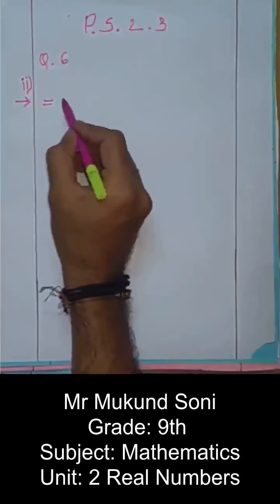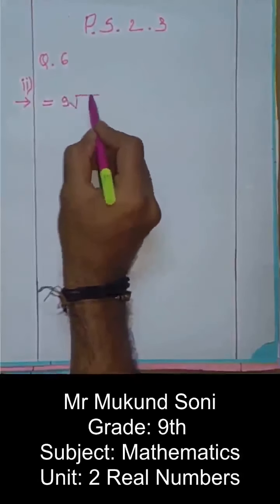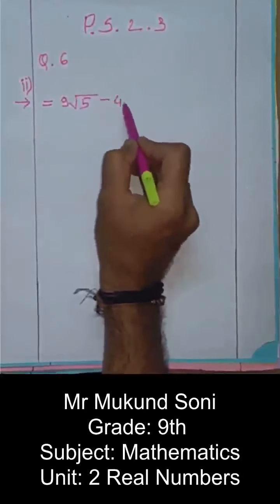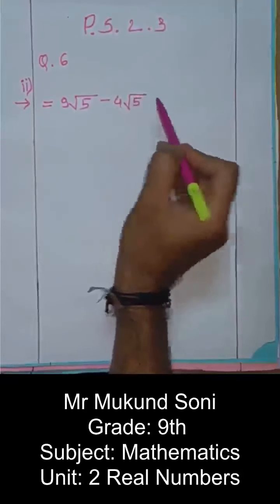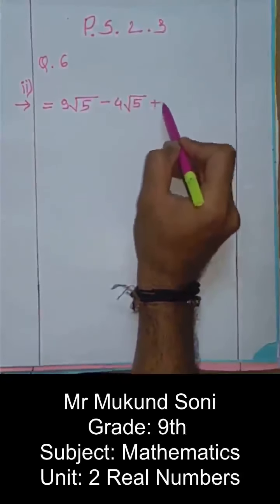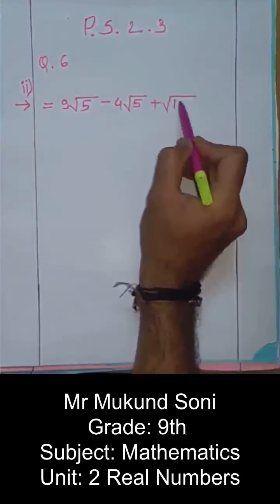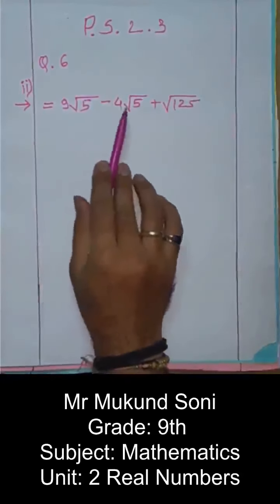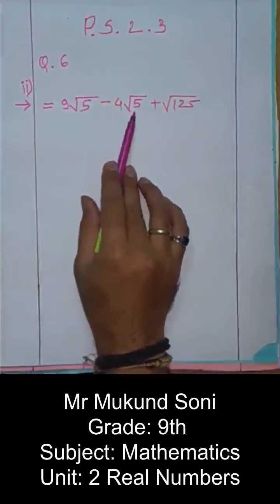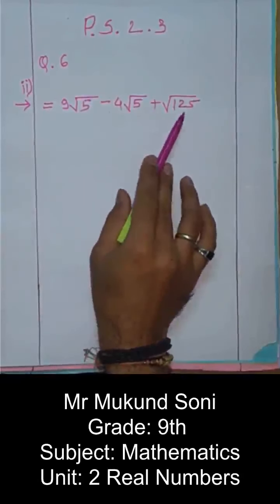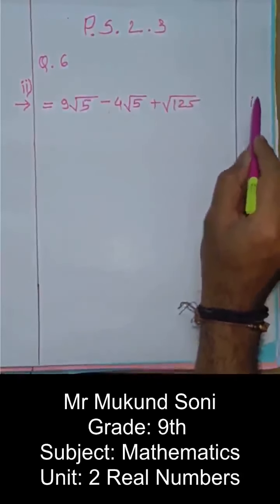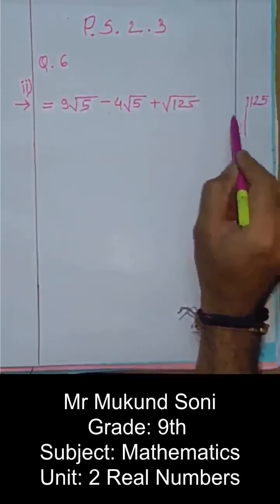It says 9 root 5 minus 4 root 5 plus root of 125. You may find these two surds are equal. What about this? Now by this time you have already understood we must factorize if the number is factorizable.